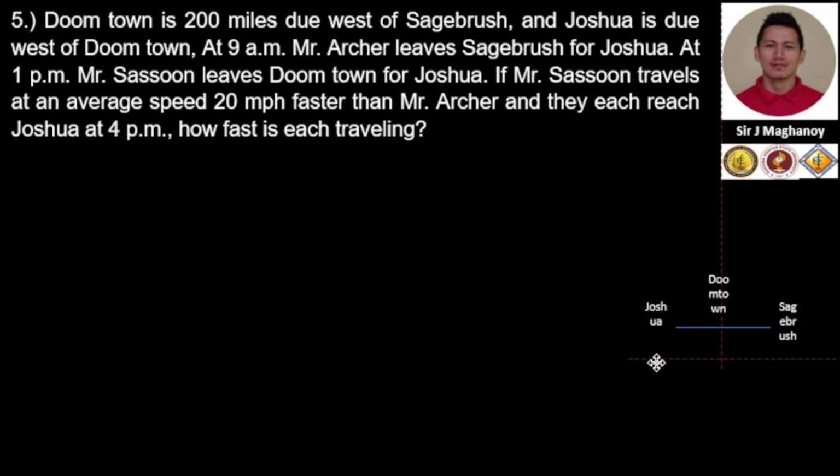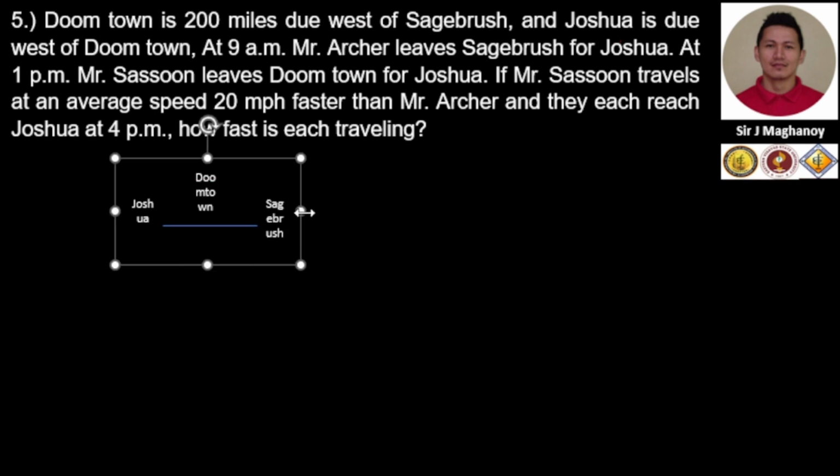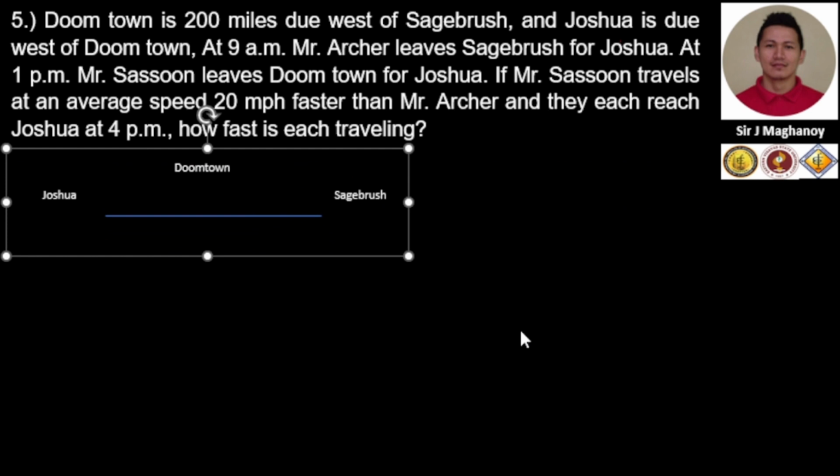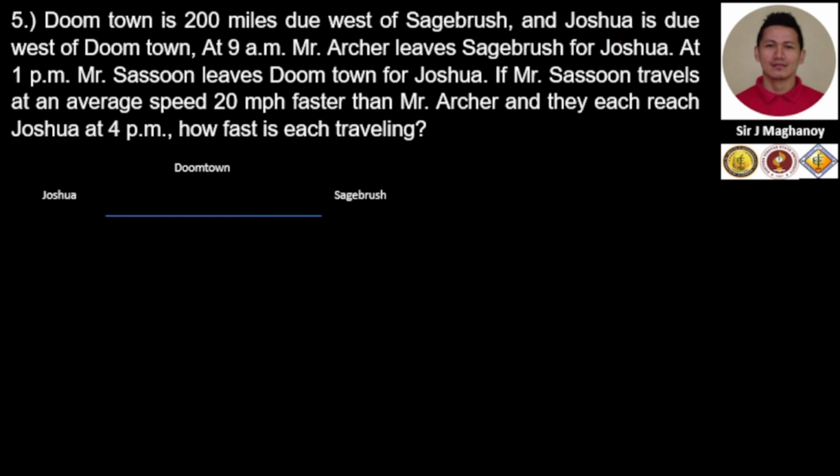Start with the locations. We have Doomtown, which is 200 miles due west of Sagebrush, and Joshua is due west of Doomtown.